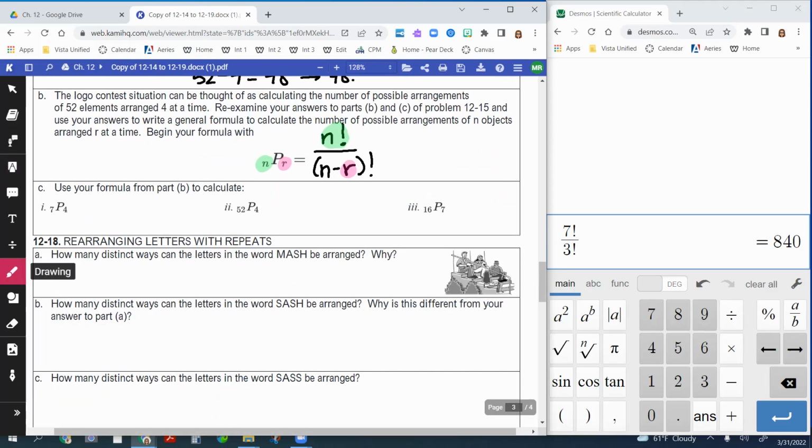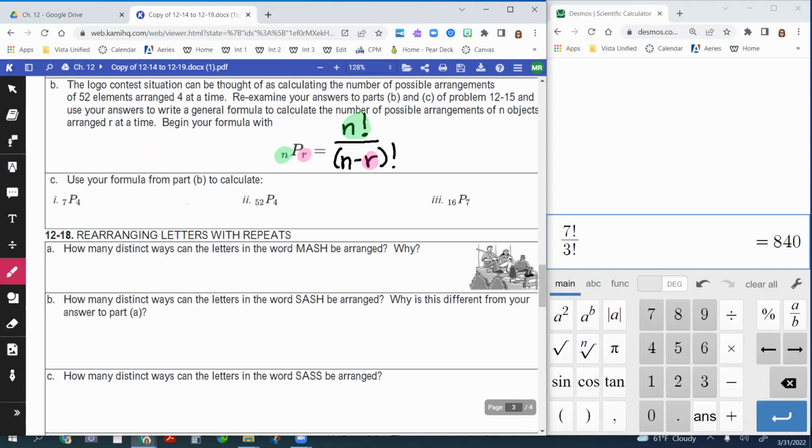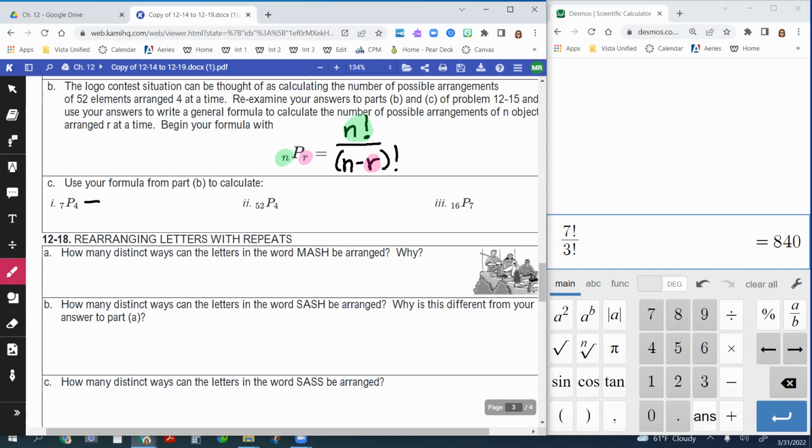So use your formula from part B to calculate the following. In this one here, I'm going to go 7 factorial over 7 minus 4 factorial, or 7 factorial over 3 factorial. And when I put that into the calculator, this is one we already did. That was 840.